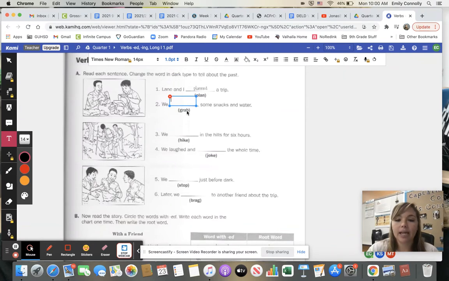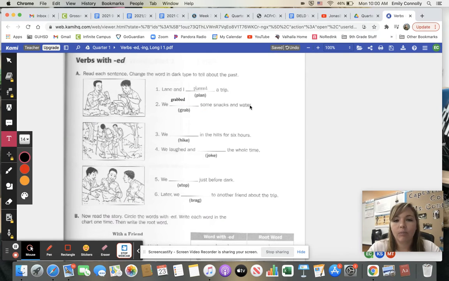So we're going to type G-R-A-B-B-E-D, grabbed. But we know that grab needs 2 B's instead of 1. So we grabbed some snacks and water. Now, this one has 2 B's. That's not always the case, and that's okay.